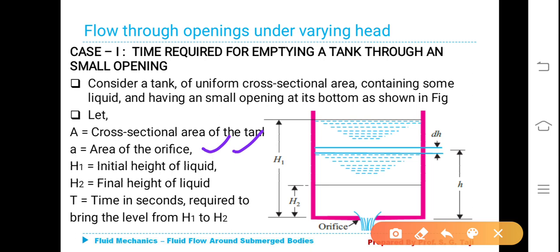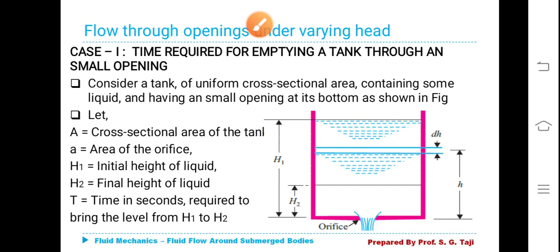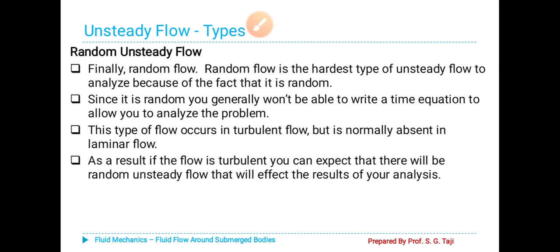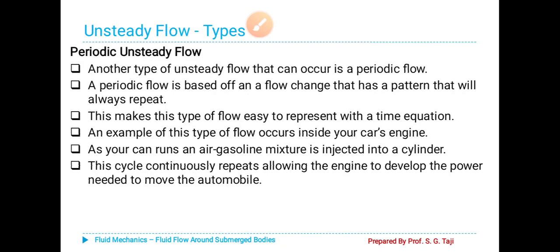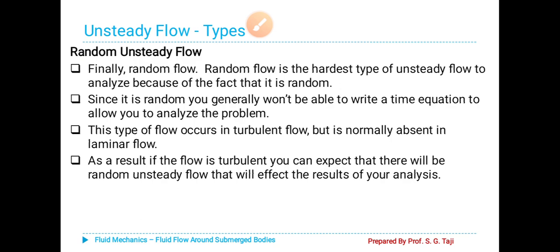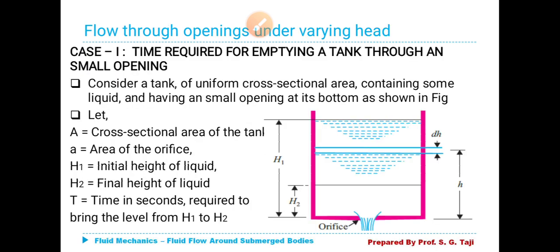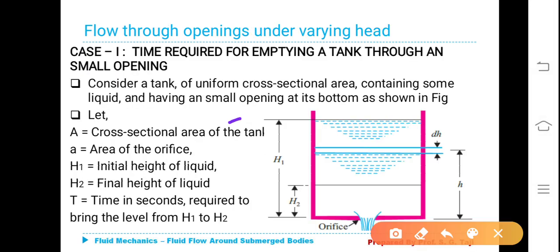H2 is the final height of liquid in the tank. T is the time in seconds required to bring the level from H1 to H2. What is the time required?